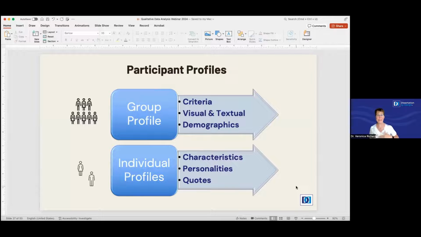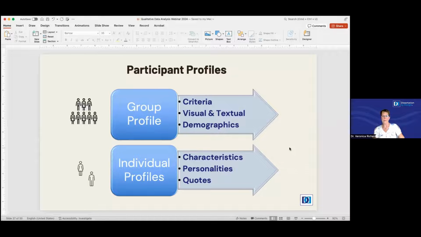But if you have up to 10 people, I would probably still do individual profiles if it's a dissertation. If it's an article, I probably wouldn't do any more than about 6 participants for individual profiles.